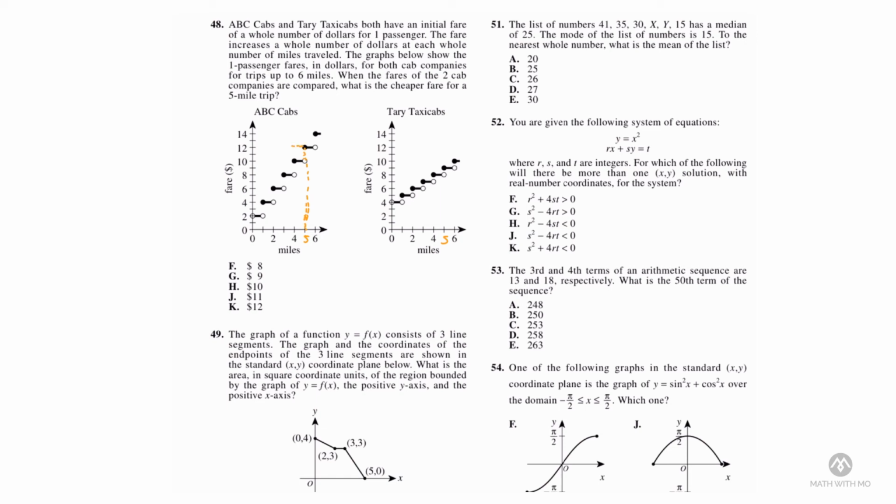So here is the price. It's $12 for ABC, and for Terry taxi cab, go up. There we go, $9. All right, the cheaper one is $9. So we want to find the cheaper fare.